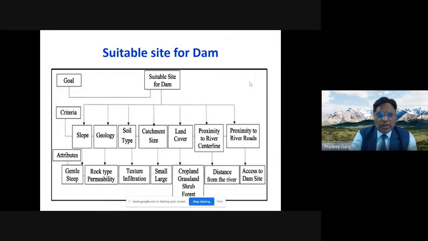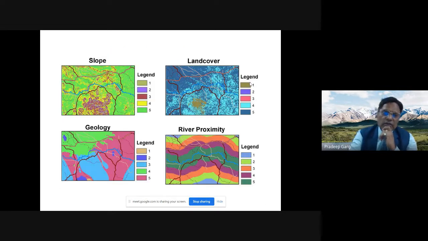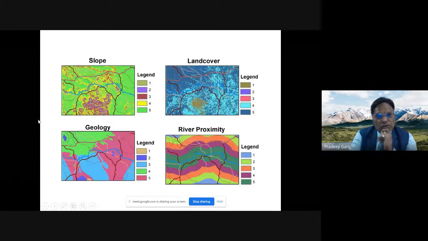One can find out the suitable sites for the dam using some kind of criteria. The same engineering criteria, geological criteria, topographical criteria which we were using manually, now we can use GIS capabilities and carry out that kind of analysis.